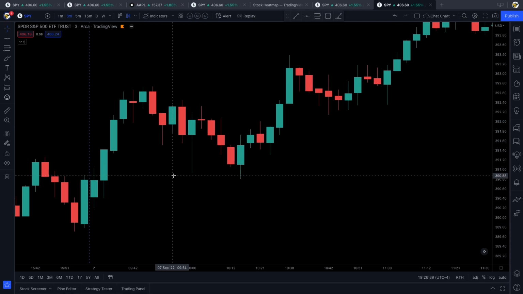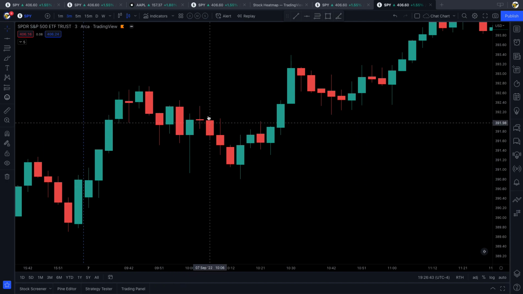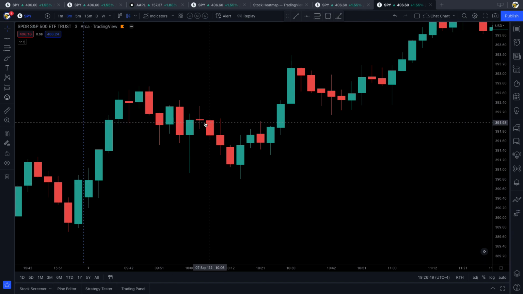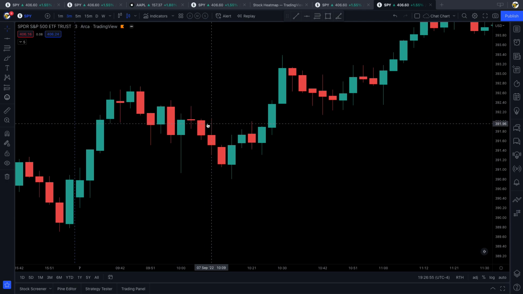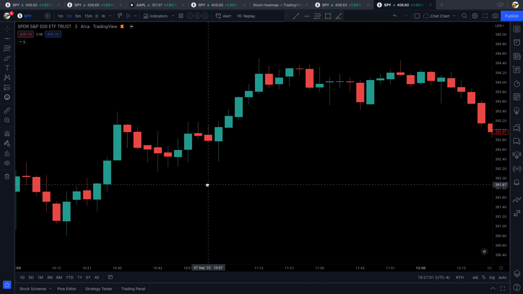What you can do though, and what I do sometimes, is if say this was the first candle and it was not sure whether to get in or not, and the second candle didn't break the wicks on that one. Let's just see if there's a candle anywhere that didn't break the wick.